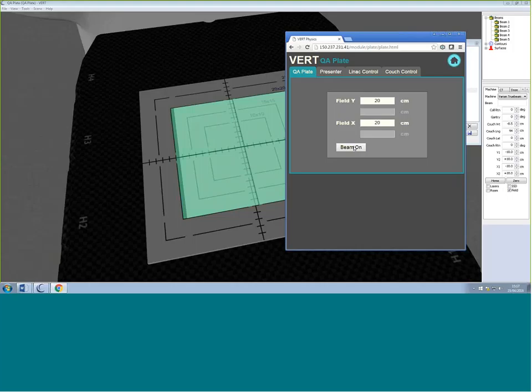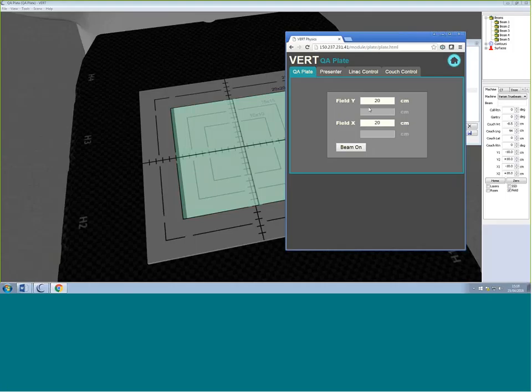We can change our field size, we can change the energies that we're using, and beam on for all the different positions to enable the students to check that the irradiated fluorescent beam is matching the parameters of the quality assurance plate. And if it wasn't, the students would have to problem solve what could potentially be wrong.